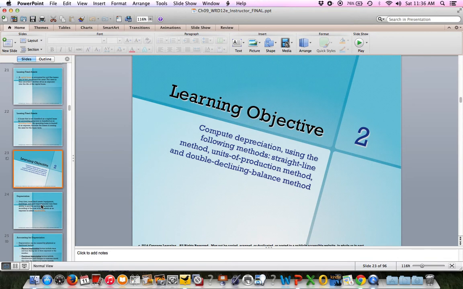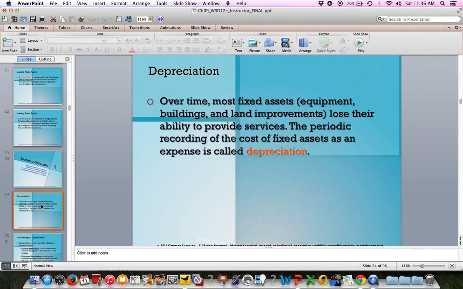Next we'll actually compute depreciation. Over time, fixed assets lose their ability to provide service. Their usefulness declines. Wear and tear, obsolescence, there's all kinds of reasons. So we have to match the use of an asset to expense every year we use the asset.